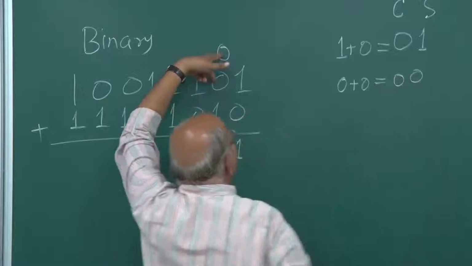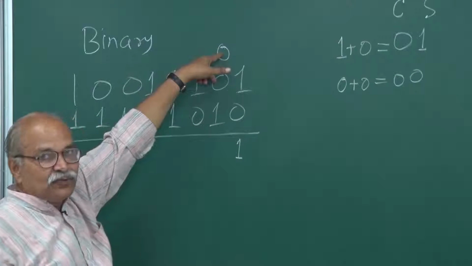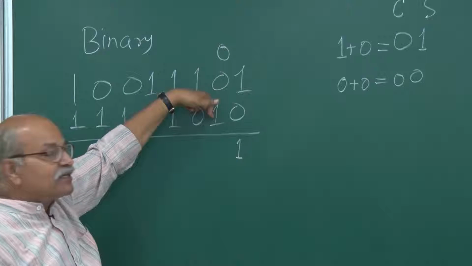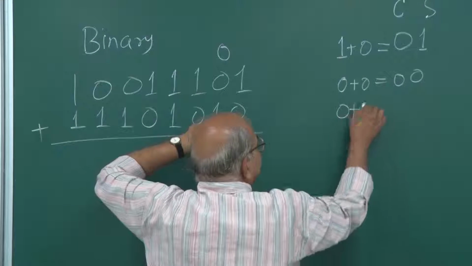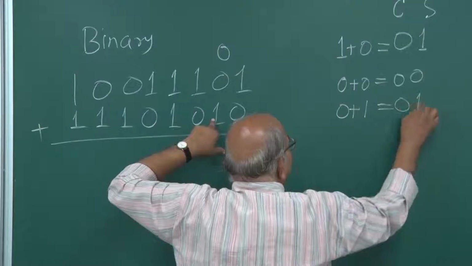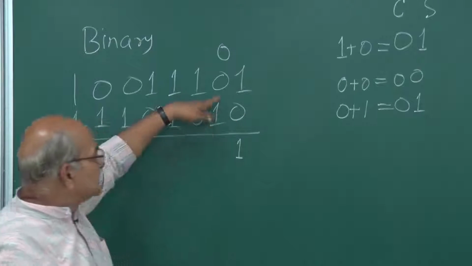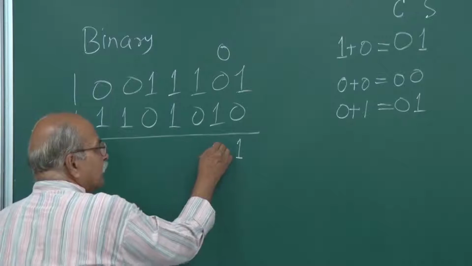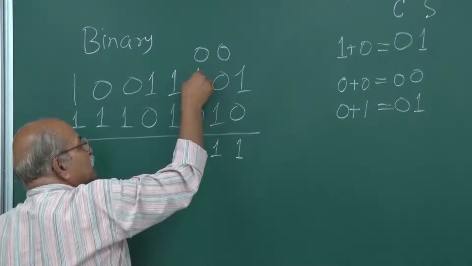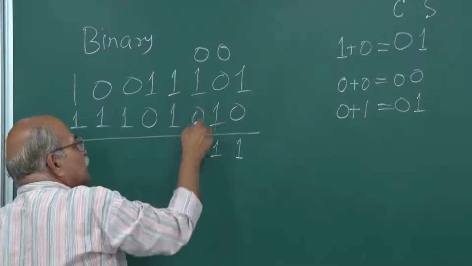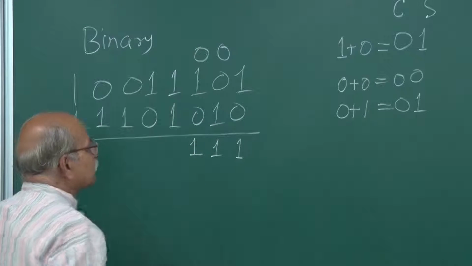So sum is 0 and carry is 0. And that sum is to be added in this. So 0 plus 1 is also 0 1. So sum is 1 and carry is 0. So 0 plus 1 will be 1 and 1 plus 0 will be 1. So this will be 1 here.